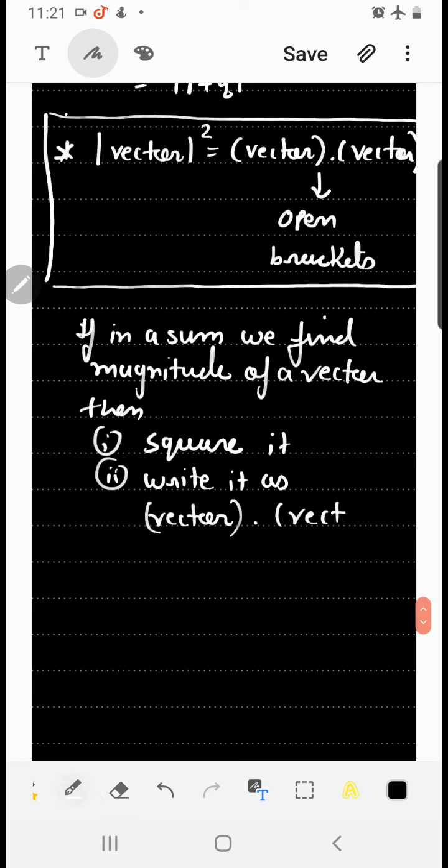And what do we do after that? Open the bracket. This is what you should understand.